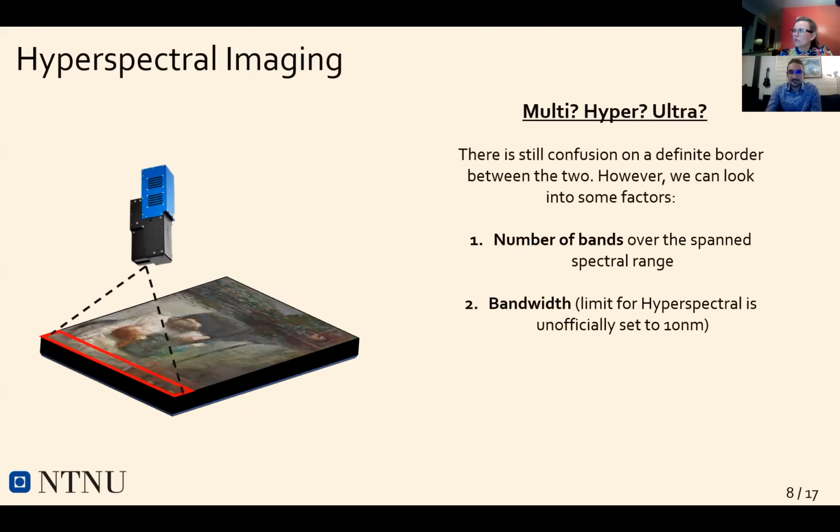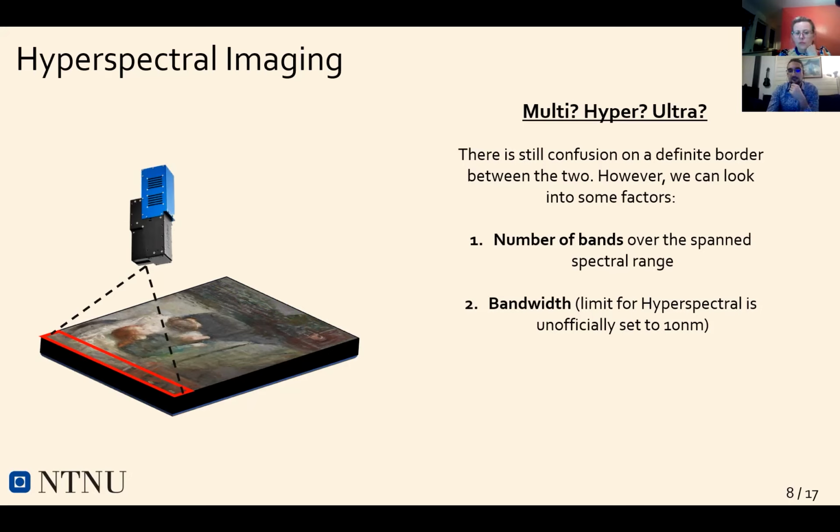Well, it is not really clear. Still, there is a little bit of confusion, but we can look into some factors that are able to differentiate between these techniques. One of them is to look by the number of bands. So in our image that is formed, how many planes of our image we have. Most scientifically, we would just look at the bandwidth, so the distance in the spectrum between the bands.